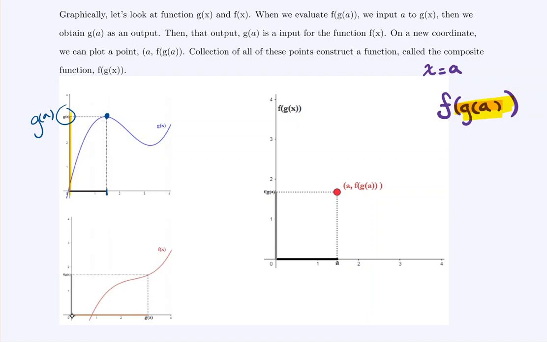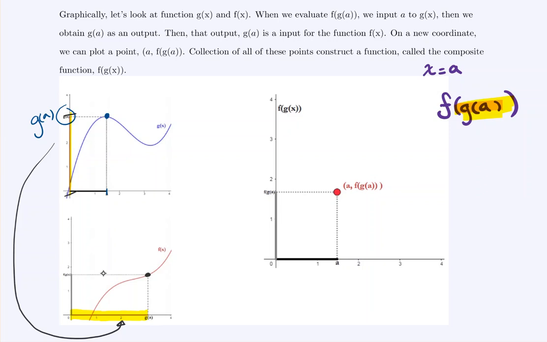So we go over on the x-axis for the graph f of x, the distance g of a. So you can imagine this distance here is now the input to the function f of x. And you look vertically above and below, and you see it intersects the graph here. So what was the input to the function f of x? g of a.